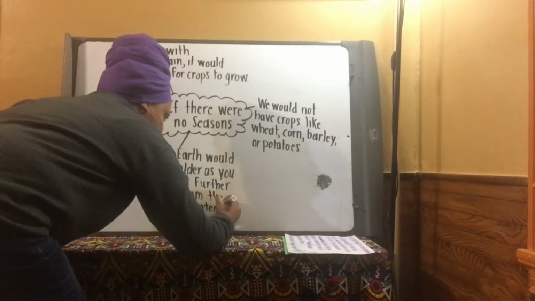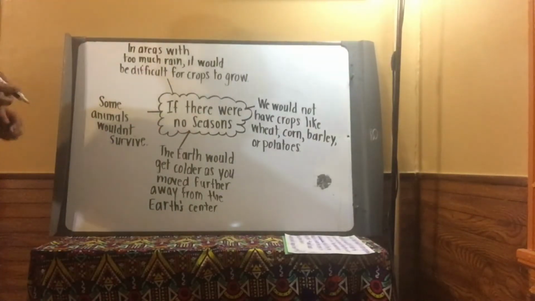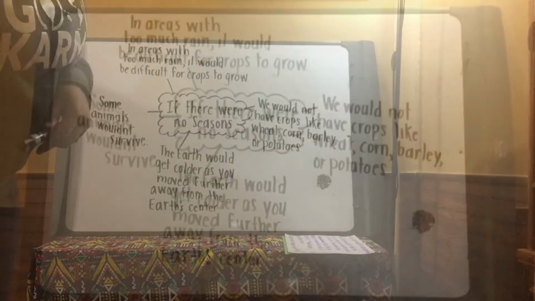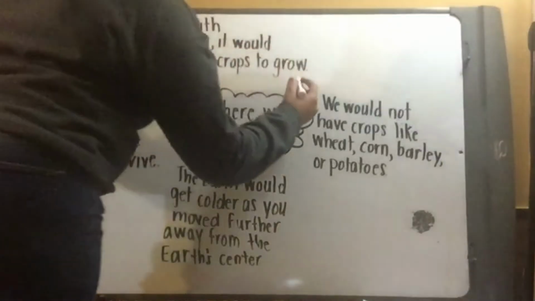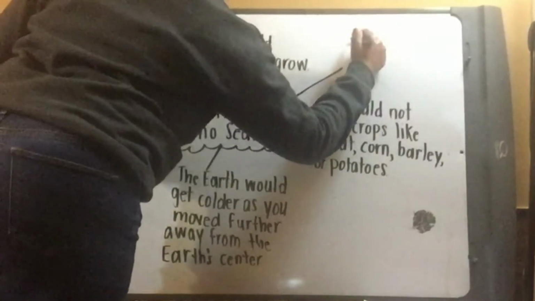All right, the Earth would get colder as you move further away from the Earth's center. And what would that cause, Congo? Very good. It will cause some areas to experience year-round winters.